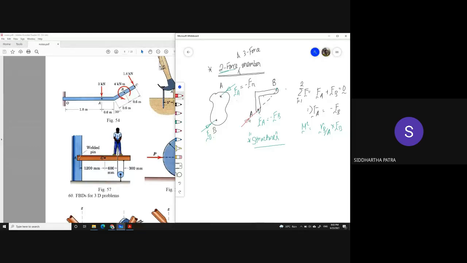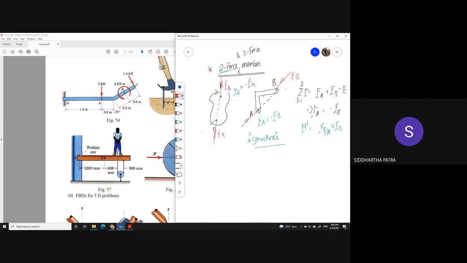So this is your FA and this is your FB, and that is irrespective of the shape of the object. So you'll have to identify the line joining AB, and the forces simply are along that line.